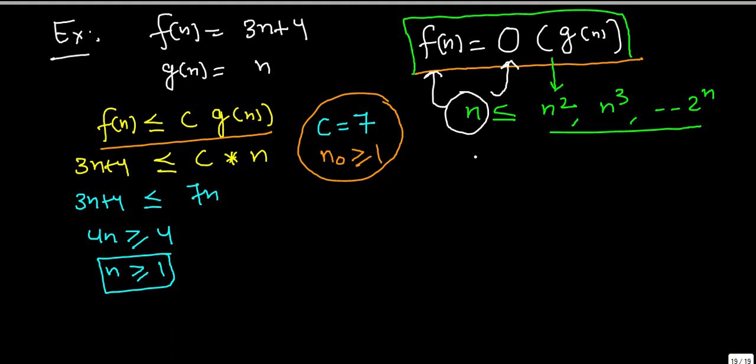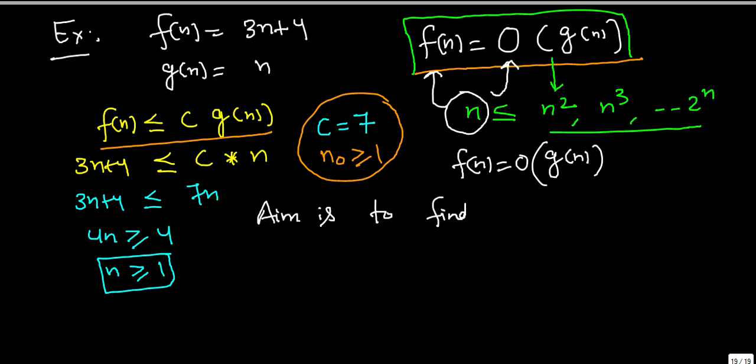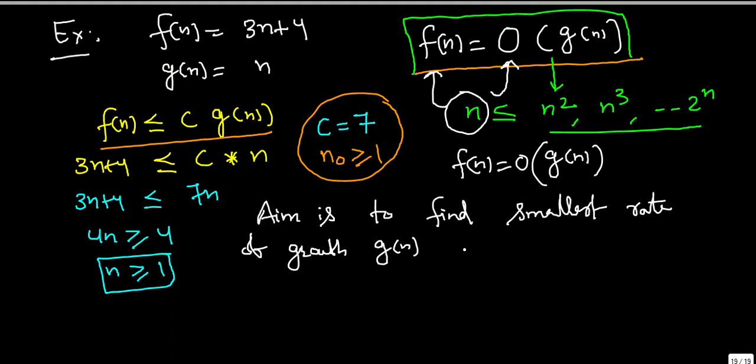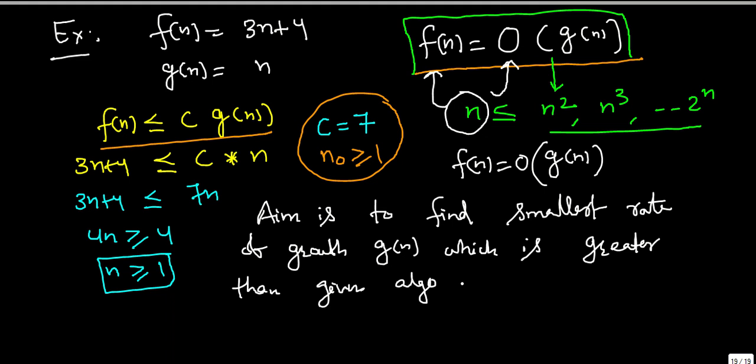Technically speaking, we are correct in saying that f(n) equals big O of g(n) for any of these functions, but our aim here is to find the smallest rate of growth, that is g(n), which is greater than the given algorithmic rate of growth, which is f(n).